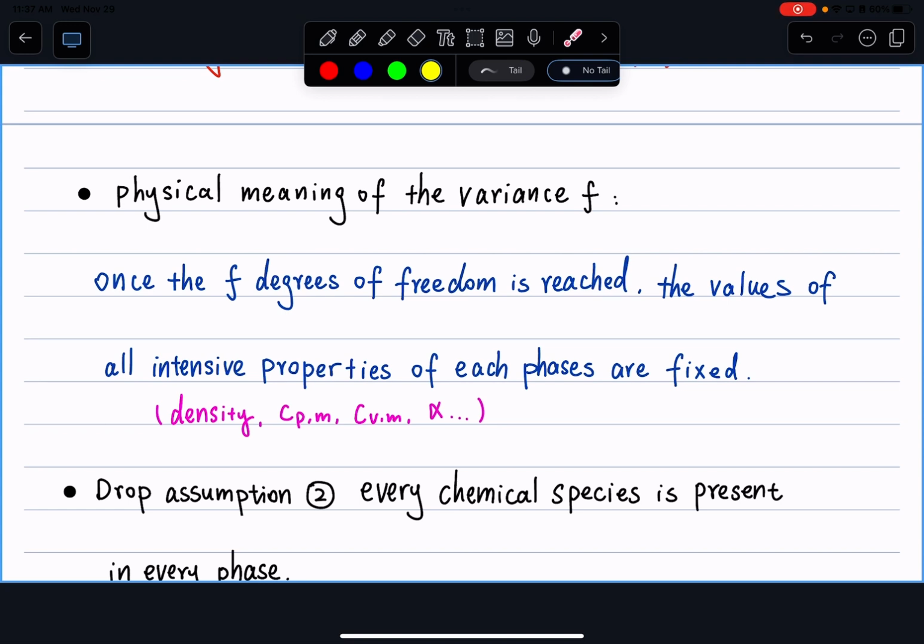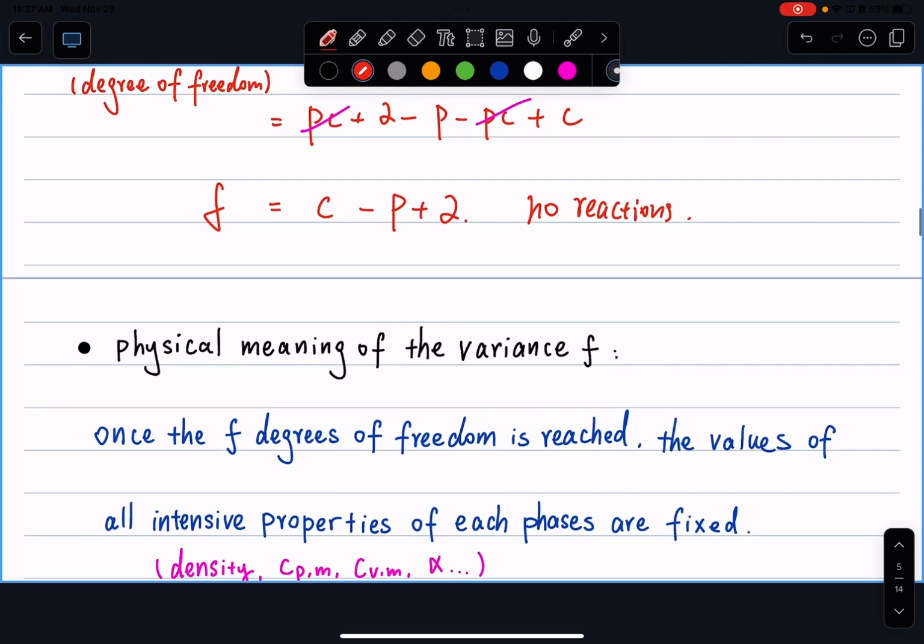All right, so imagine a scenario. You have a one-component system, like just water, but you have three different phases of water in equilibrium with each other. What do we have? C is 1, since we only have water, minus 3 phases, liquid, solid, and gas in equilibrium with each other, plus the temperature and pressure.